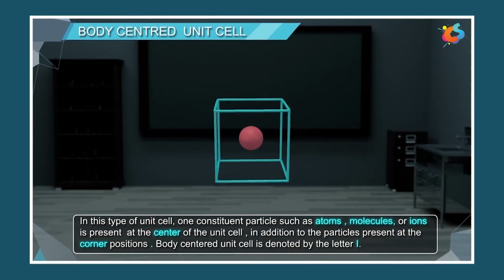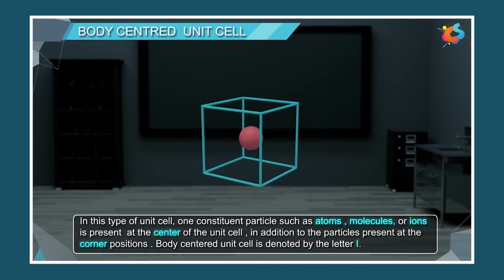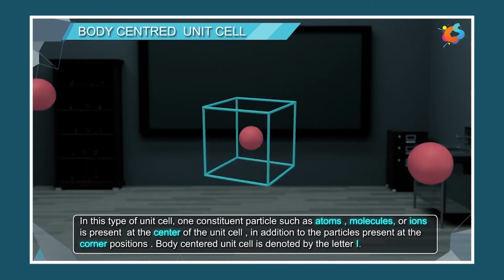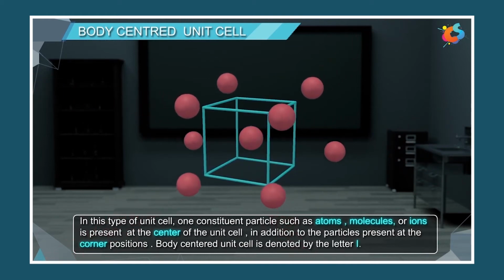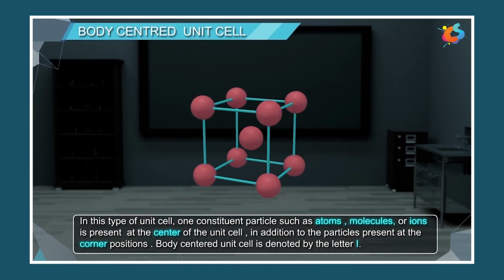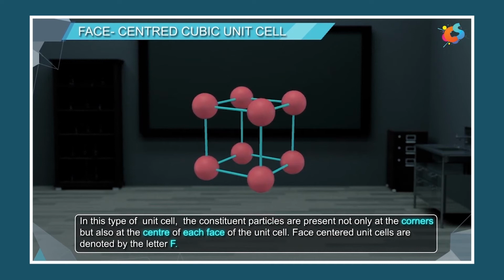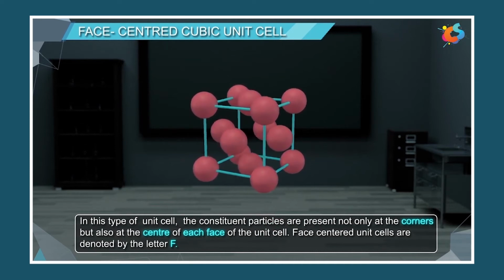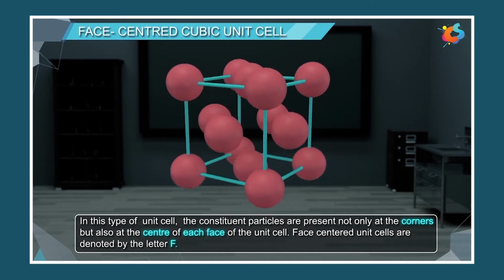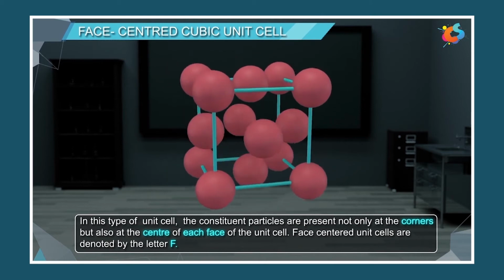Coming to the 3 types of centered unit cells, first, the body centered unit cell. When a constituent particle is present at the center of the unit cell in addition to the particles present at the corner positions, it is known as a body centered unit cell. It is denoted by the letter I. Face centered unit cell: when the constituent particles are present at the center of each face in addition to the particles present at the corner positions, it is known as a face centered unit cell.